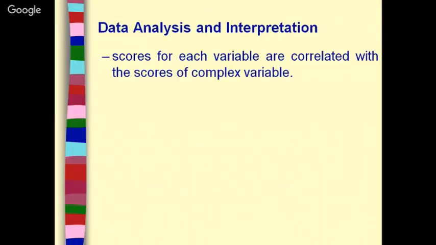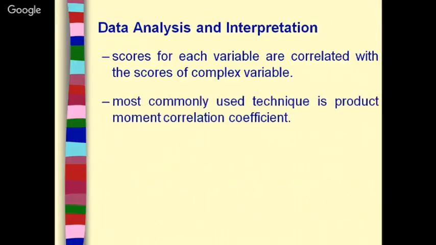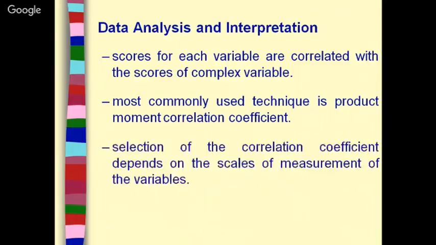There are a number of methods for calculating the relationship between two variables. The most commonly used, and effective in engineering, sciences, and social sciences, is the product moment correlation coefficient. But the choice of correlation depends upon certain other things also.